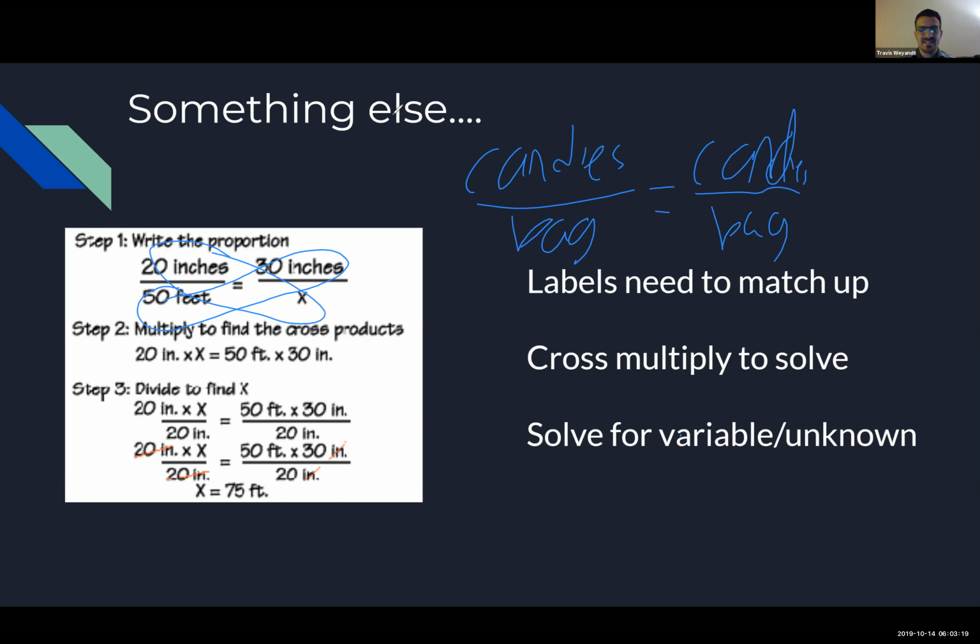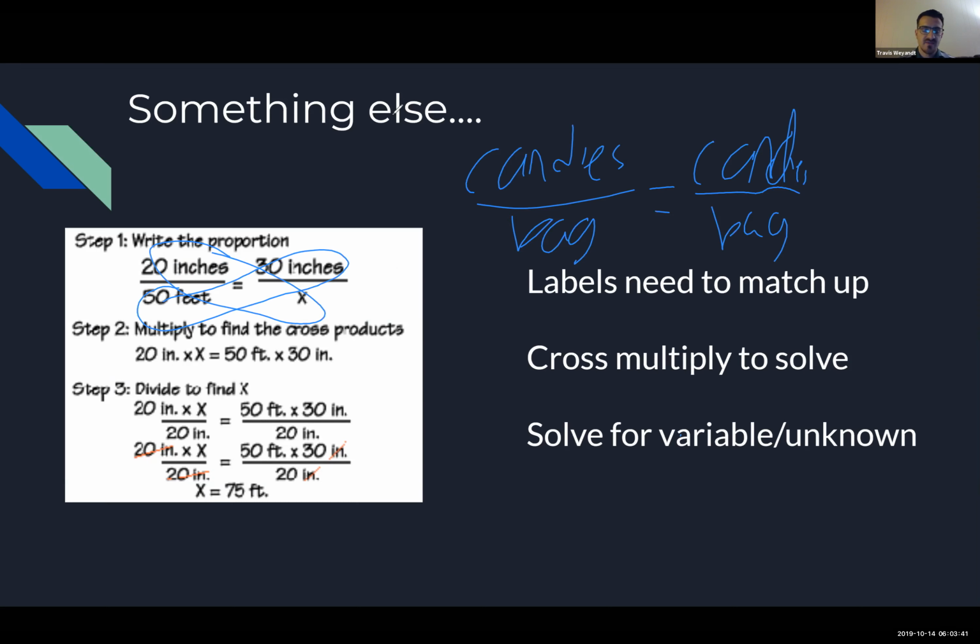This instance is not like the first example. The first example was checking to see if two fractions are equivalent using proportions. In this example, we're looking for a missing number or part of the proportion, using proportions to solve for a missing number.